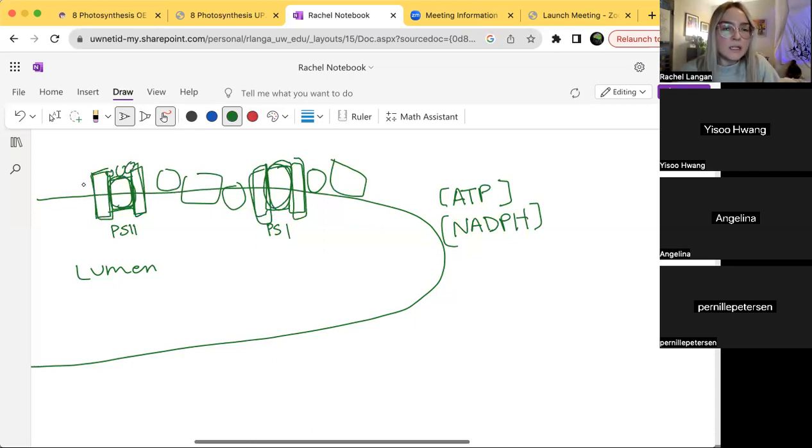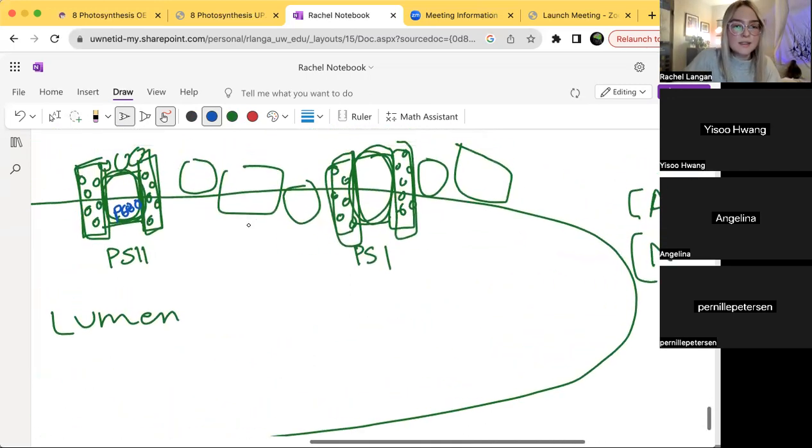On the light harvesting complexes, there's a bunch of chlorophyll pigments. Chlorophyll pigments are the ones that absorb light. In the reaction center, we have a special pair of chlorophyll called P680, and P700.